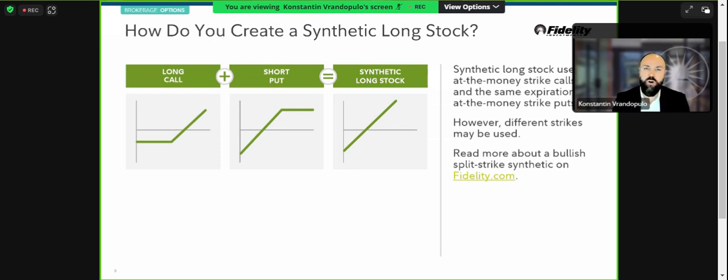But also, I want to open myself up to downside risk. So what could I do here? I can sell a short put, and short a put, preferably for a truly synthetic option at the same strike. And I'm going to use the put proceeds to pay for the call that I'm buying.